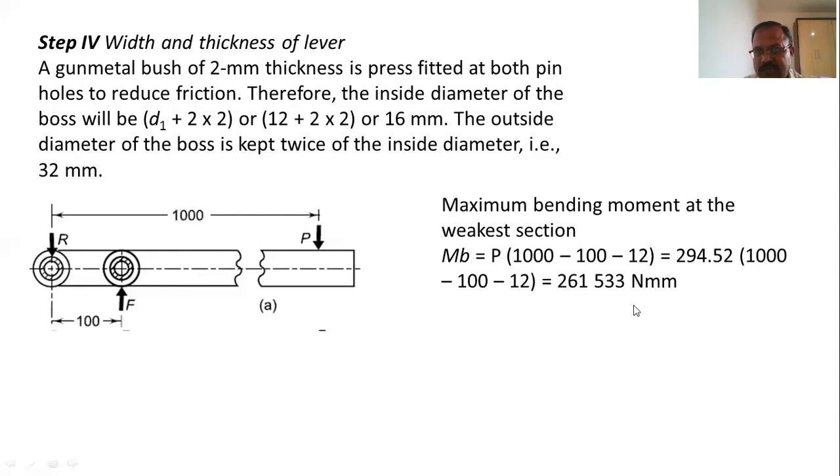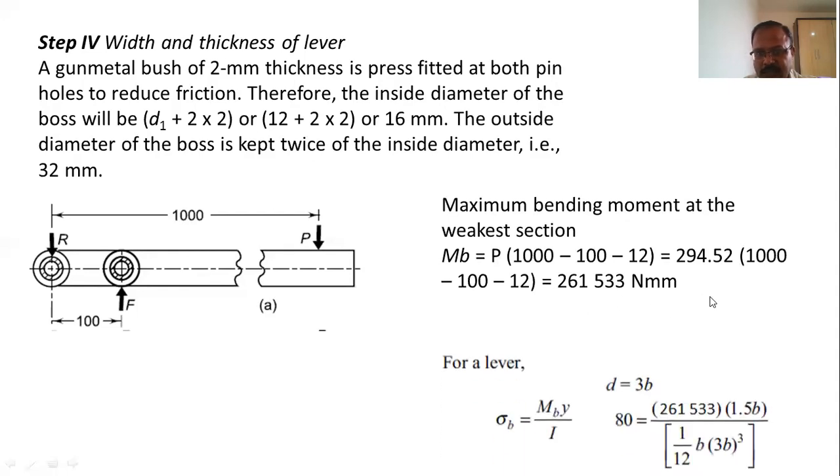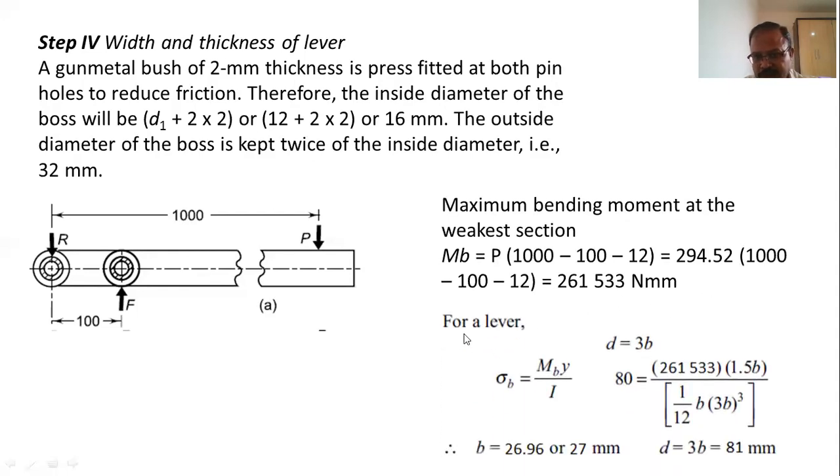Then for the lever, sigma B is equal to, considering the flexural formula, D is equal to 3B is given. Putting all the values in this equation, we can calculate the value of B as 26.96, about 27 mm, and D as 81 mm. In this way, we have designed the cross section of the lever.